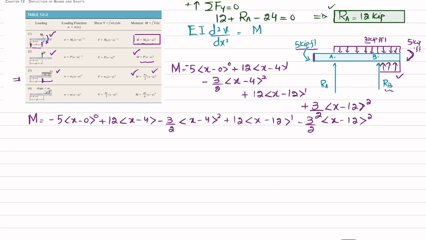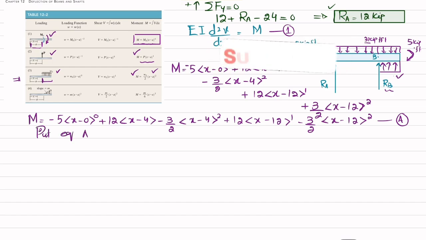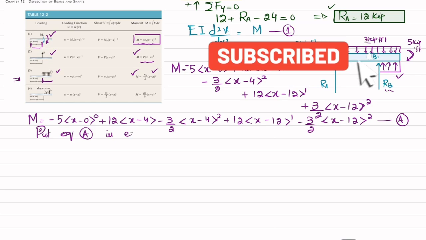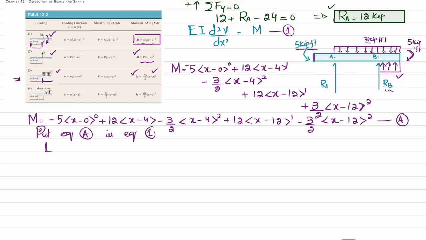So now you will put this equation, let's say, as number 1. So put equation A in equation number 1. What we will get is that EI into d square v over dx square will be equal to the moment, and the moment will be equal to minus 5.